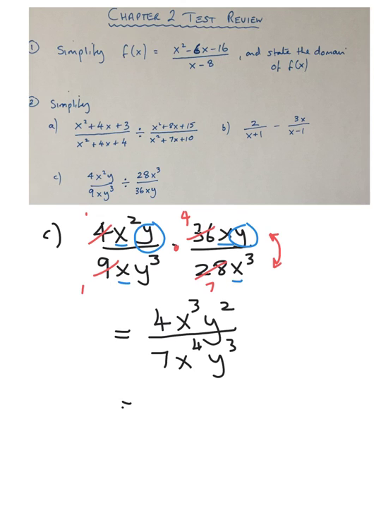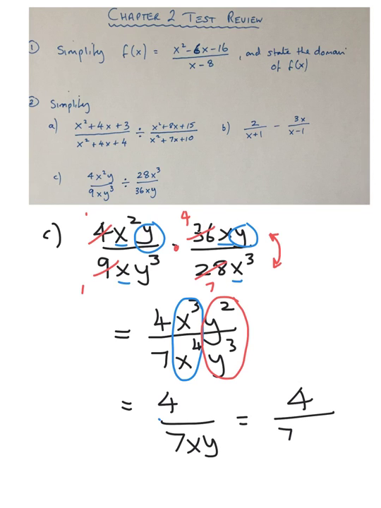So this final answer, the 4 and the 7 don't reduce any further, but x cubed over x to the fourth is going to be x on the bottom. So the 7's down there as well, and we've got x on the bottom. Then we've got y squared over y cubed. That's going to be y on the bottom. And the final answer is 4 over 7xy.